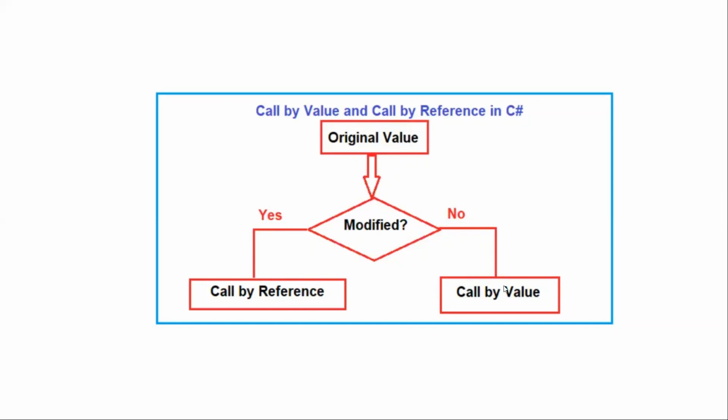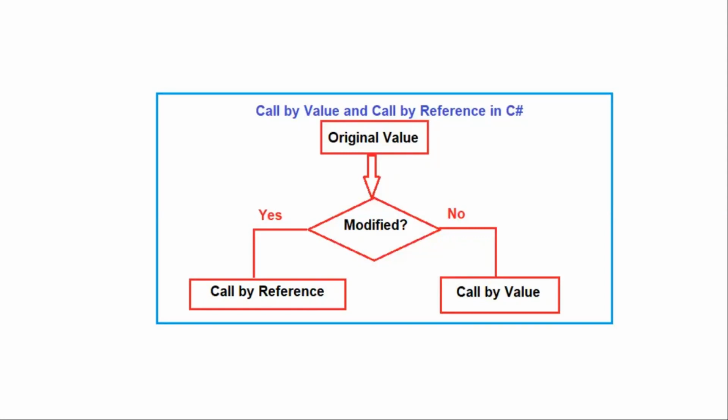So in call by value, there is no impact on the original value. But in call by reference, there is an impact, because the formal parameters contain the address of the original variable. So whenever you make any modifications to the formal parameters, it indirectly changes the original variable.